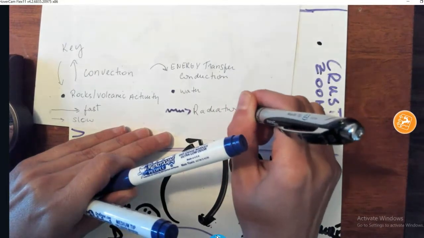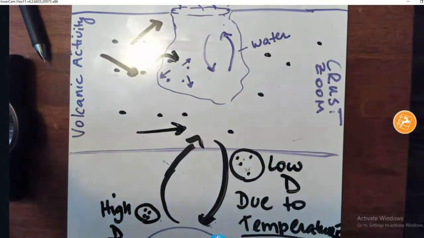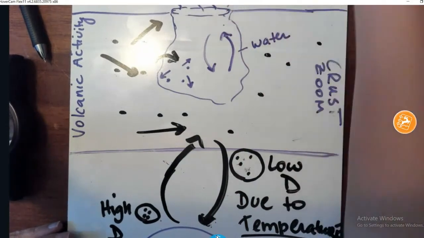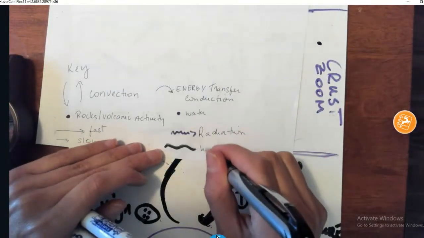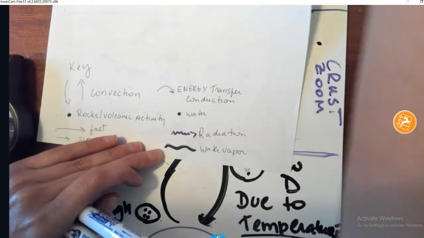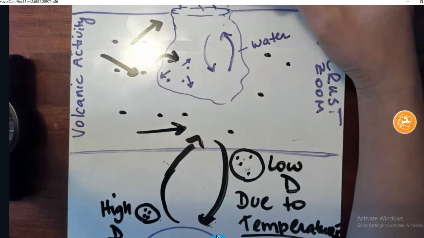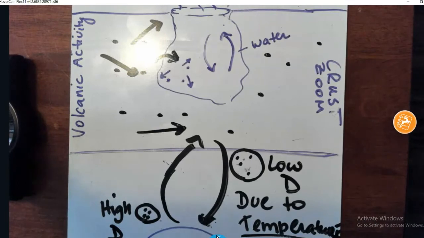This is like a review of the unit, actually, which is good. Then I'm going to create another one of these, and I'm going to call this water vapor. Here I would put that water vapor is forming due to high temperature and pressure. And that's pretty much the end of it.